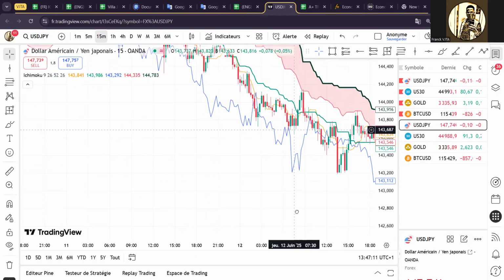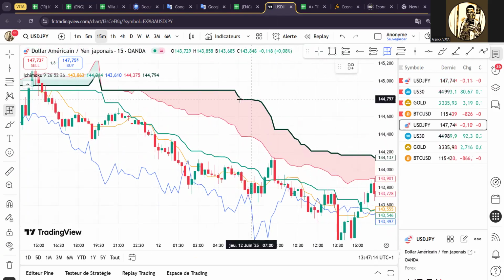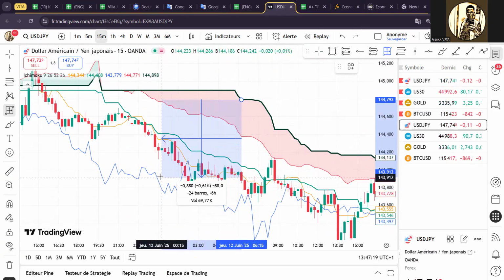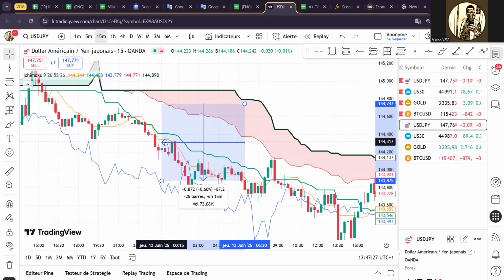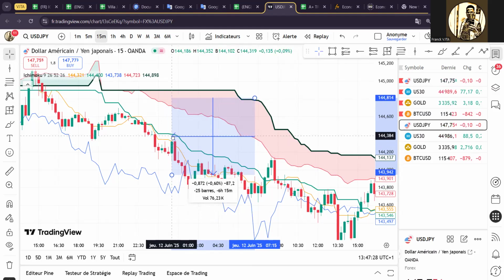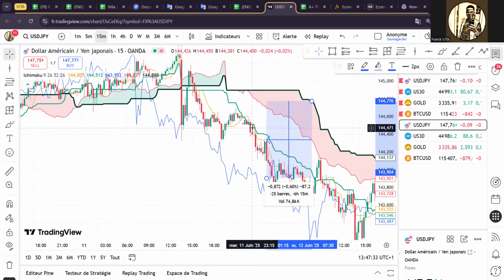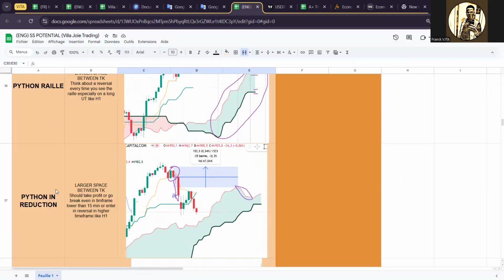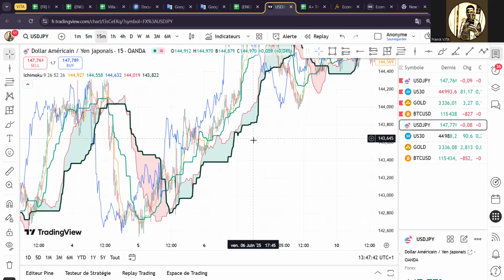The Python rail is literally like this one, from year to year, like from this candle, this one, and then the candle went down here with the rail, but the rail didn't reduce here. So let us look at Python in reduction and Python in erosion that is about to continue. That's the speed.